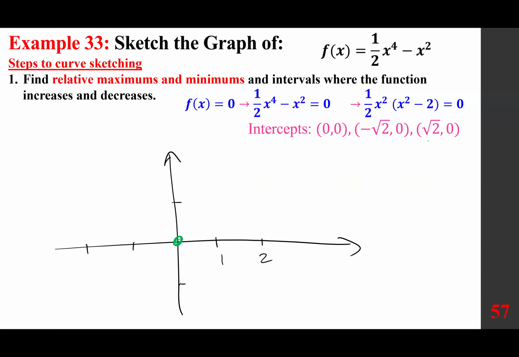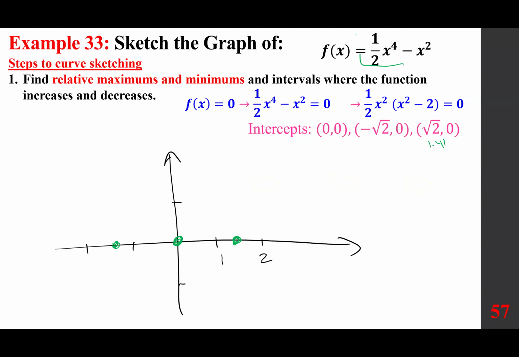Square root of 2 is about 1.41, roughly 1.4. Somewhere here, and negative 1.4 somewhere here.